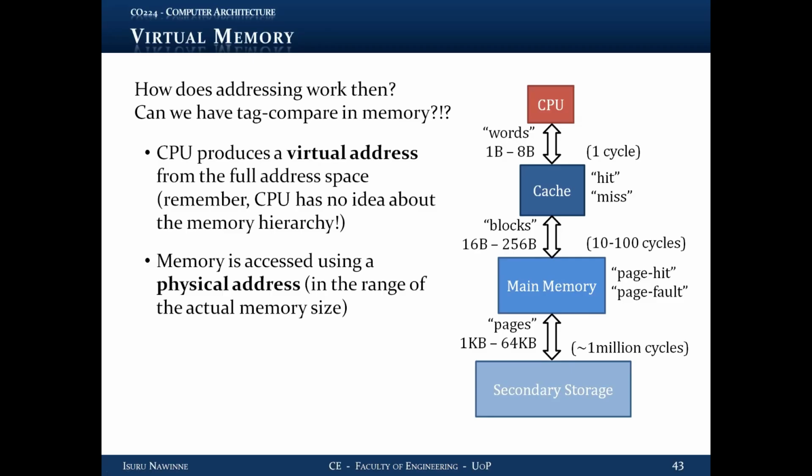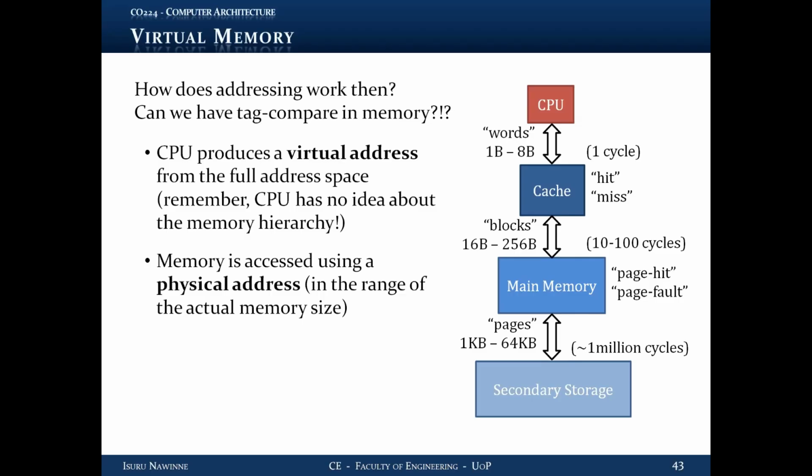So it will be storing a subset of data from the secondary storage. So how is memory access handled now? So far we said that memory can be directly accessed. An address is given and that location is directly referred in the memory. There is no need to perform any tag comparison, right?